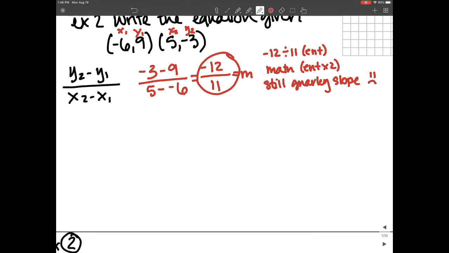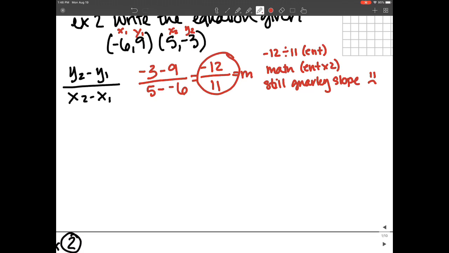Emmett, your group back there, and this group, you're going to use the first point, and then you're just doing it exactly like example 1. So you all are doing the first point of negative 6, 9. The other side of the room, you're doing the second point of 5, negative 3. And if we do this correctly, everybody should come up with the same answer.